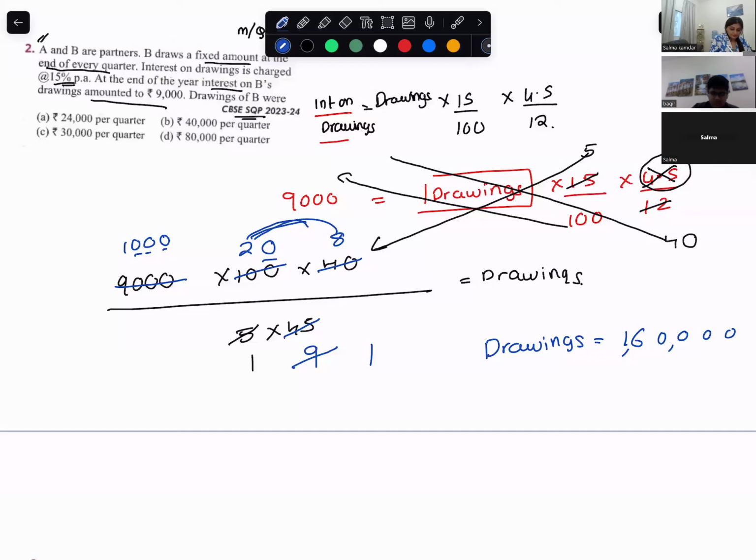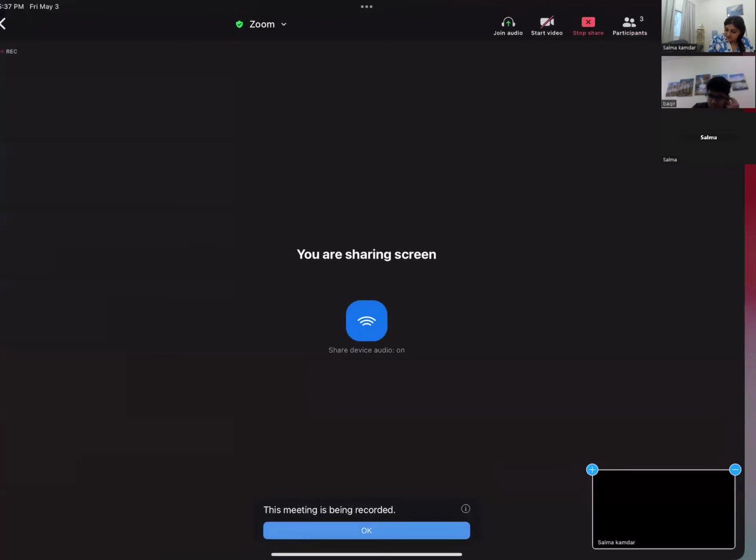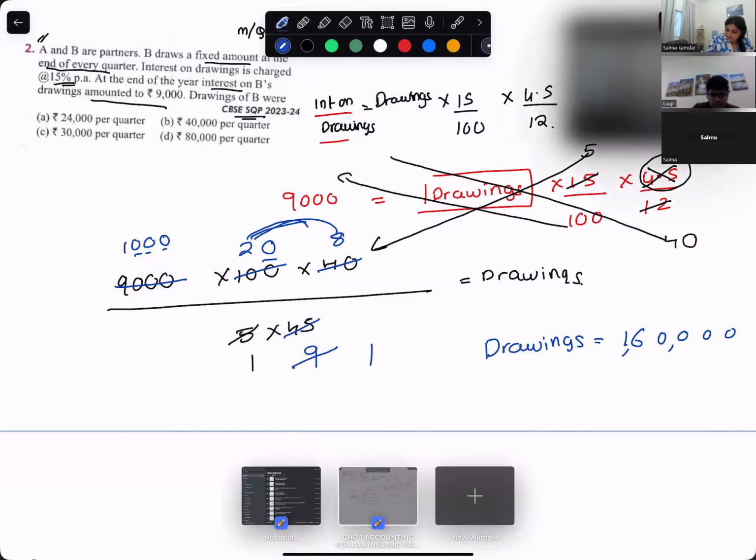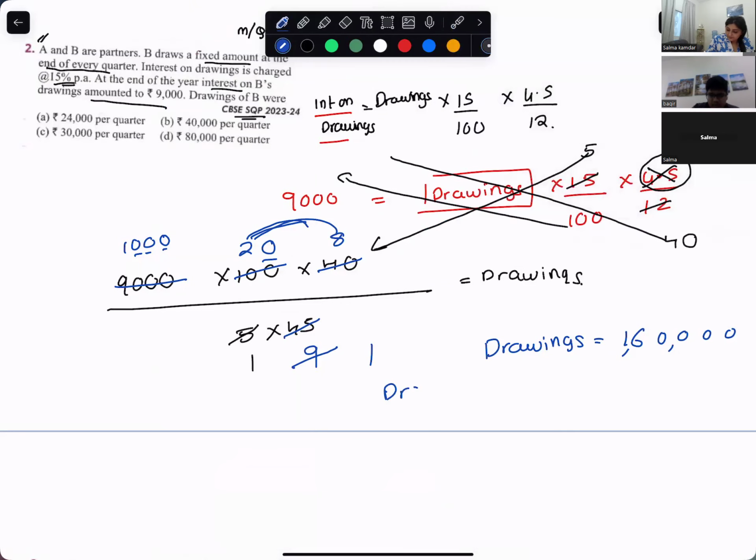Drawings per quarter. Okay. So drawings per quarter, that means what will I do? I will do 1,60,000 divided by 4. 4 ones are 4, 4 fours are 16.